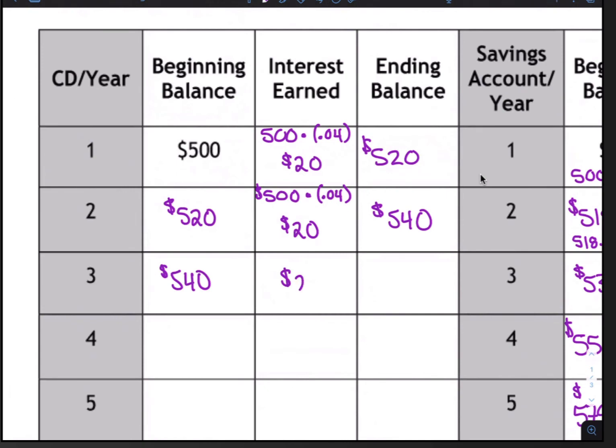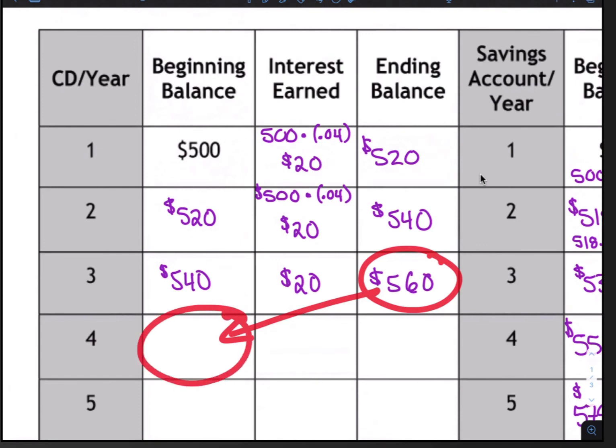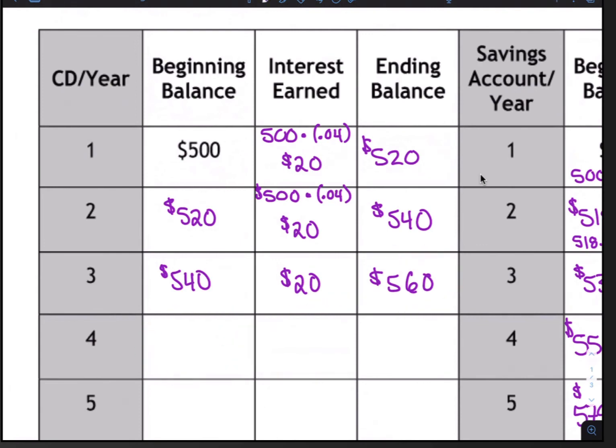So we're just going to add another $20 here. Add the $20 to the 540, and we get $560. So $560 is the ending balance here, which also becomes the beginning balance of year 4.